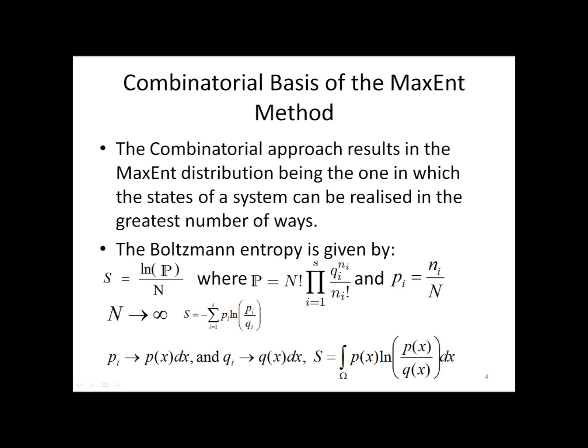The basis of the method can either be taken from a combinatorial approach or an axiomatic approach. The combinatorial approach is given here, which shows that the distribution that you get from the maximum entropy method is the distribution that can be realized in the greatest number of ways.